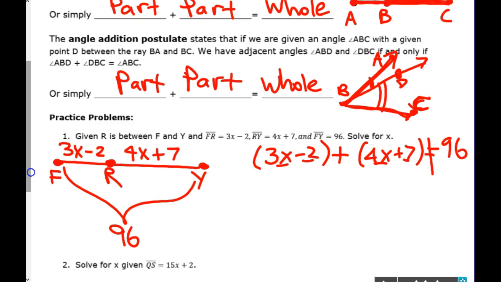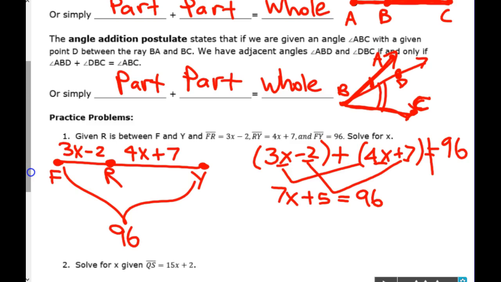So 3x plus 4x together, that gives me what? 7x. Now, don't forget the negative sign here. This is a negative 2 plus a 7. Okay, so negative 2 plus 7, if you're not sure, calculator can help you out, but it's 5, so put plus 5, equals, bring down 96.